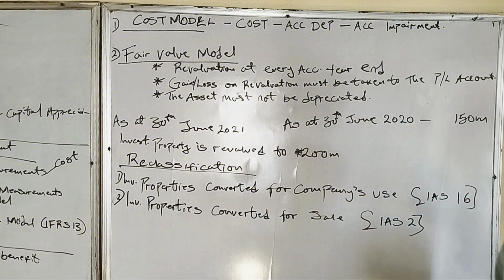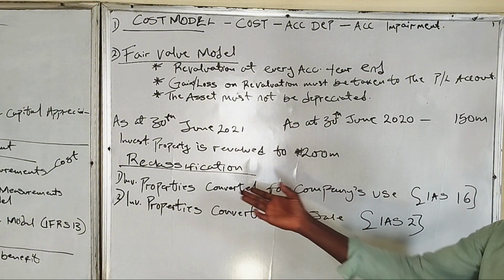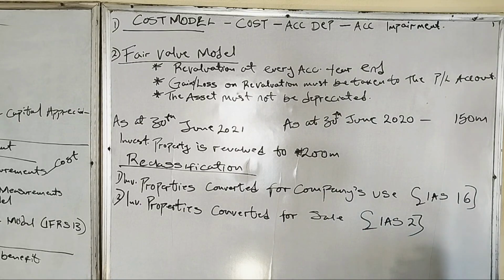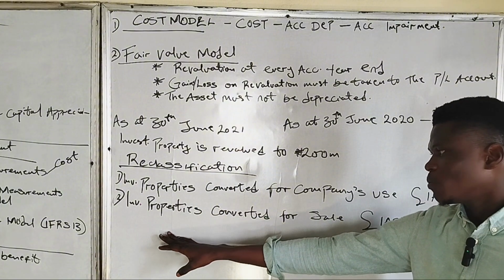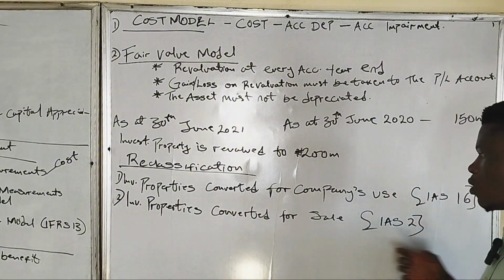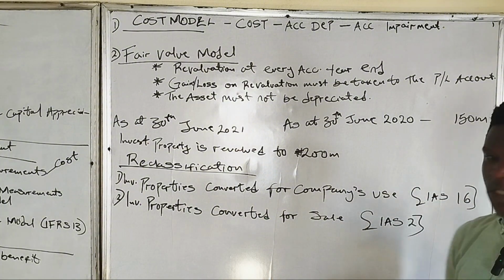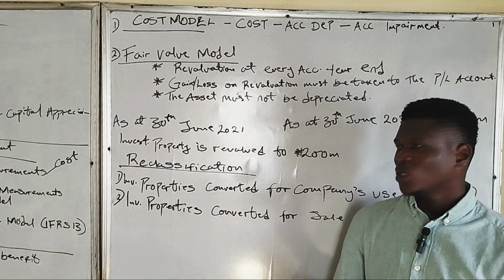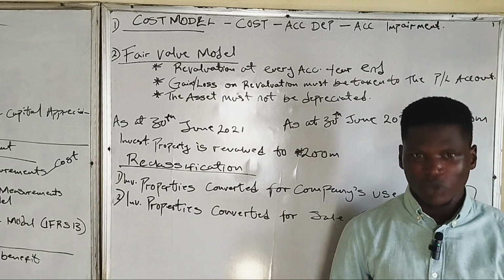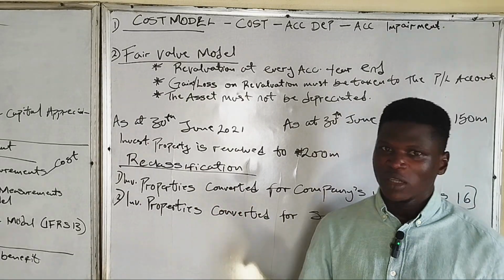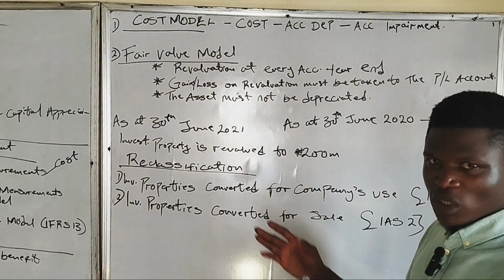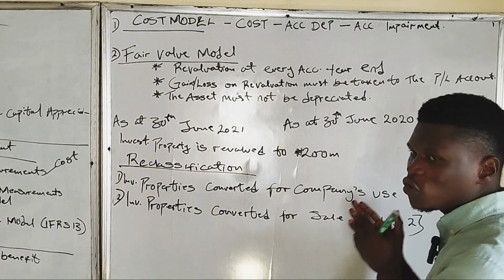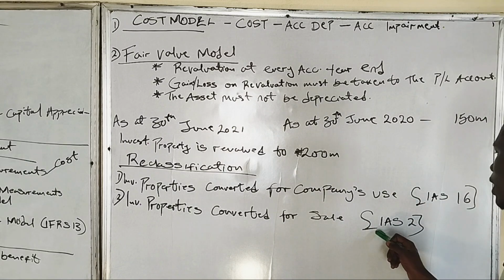So like we said, investment property can be converted from IAS 40 to IAS 16, which is for company's use, and can also be converted for sale. So if we convert our lands, which we are actually renting out to people, or buildings that we've been renting out to people, and we now want to be selling them, that land or building becomes our inventory, which is governed under IAS 2.